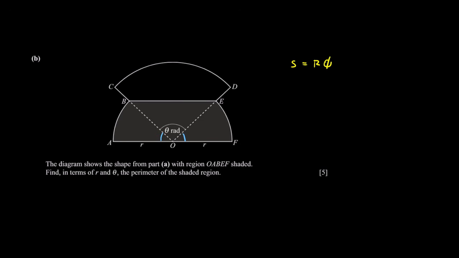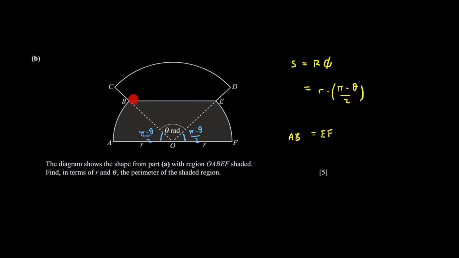So what's the arc length going to be? We take the radius, which is r, and times it by the angle, which is pi minus theta over 2. So the length of AB is equal to that, and the length of EF is equal to that as well. So we can multiply by 2, and that will give us the length of that plus that.